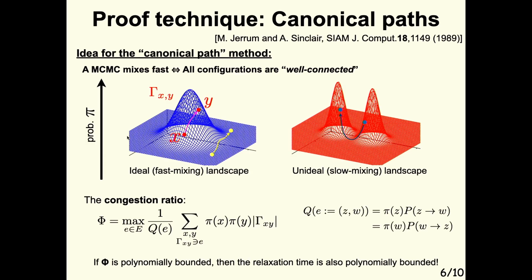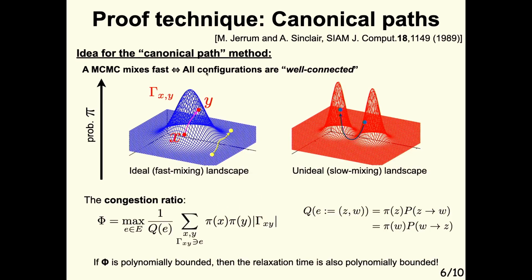If you have a 2-dimensional space that you want to walk, and the random walk only moves you locally, then if the probability distribution looks like this, of course, they're well connected. All the high probability points, you can move from one to another only going through high probability places. But if it looks like this, that's not the case. From this point to this point, you're always going to have to go through a low probability point.